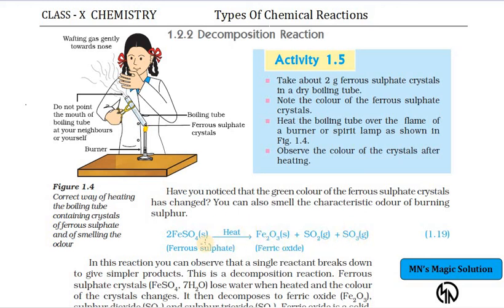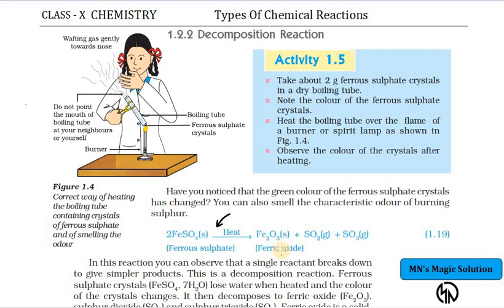I am applying external heat, so that is called an endothermic reaction. The compound absorbs the heat and in turn gets decomposed into its constituents, different compounds. More than one compound is getting formed. So this reaction is a typical decomposition reaction.